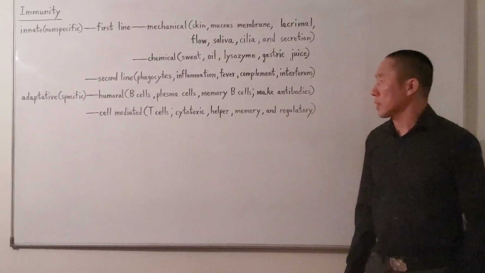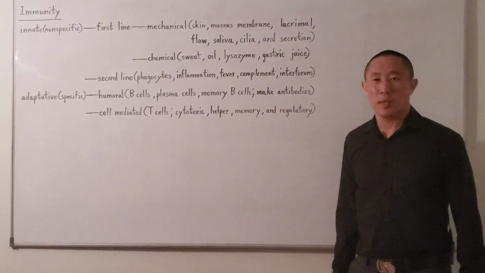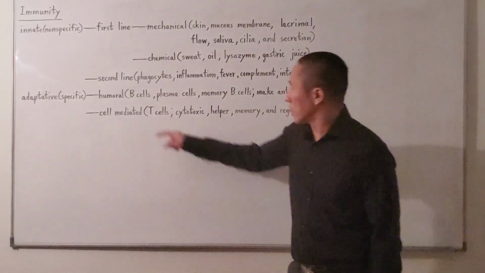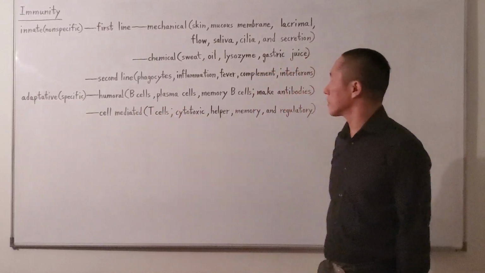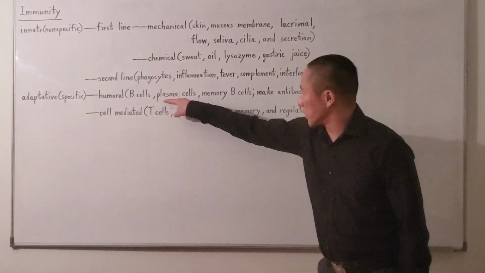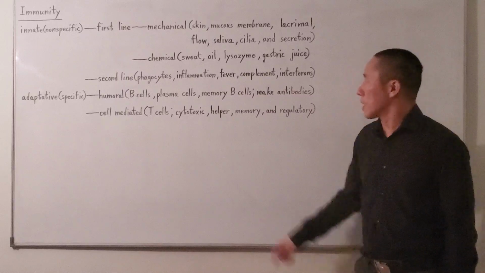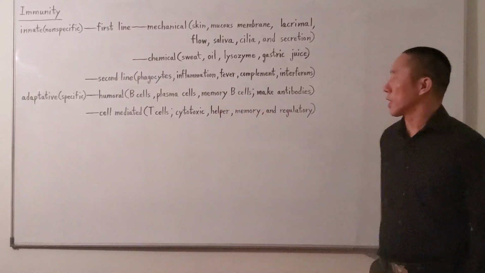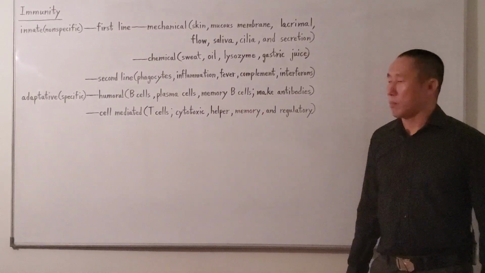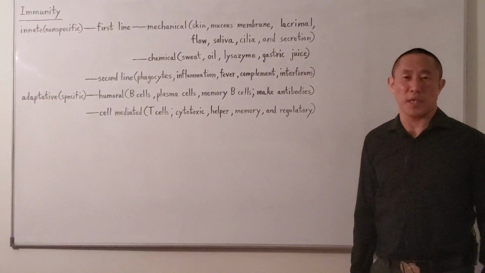Now, humoral immunity includes cells like B cells, plasma cells, and memory B cells. Now, B cells can make antibodies.